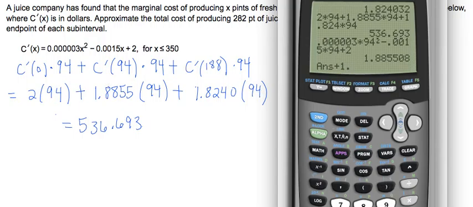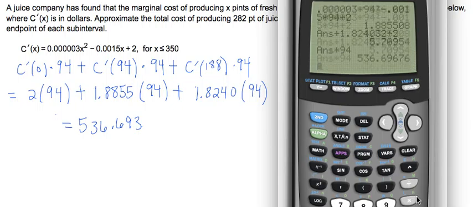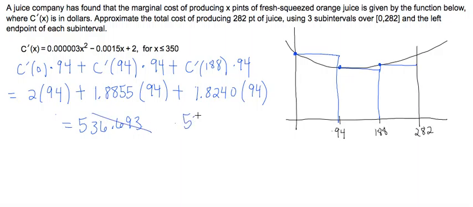Retyping that is 1.824032, that number except not rounded, plus 2, and then times 94 gives me, that did cause a rounding error. This time it rounds up to 536.70. This is off by a penny. Let's see if that's my problem.